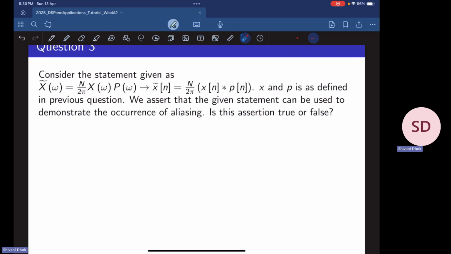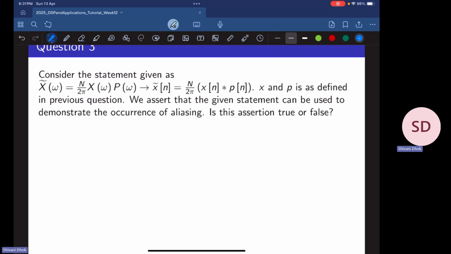So what it says is that we have this particular relation here. Can we use it to understand time domain aliasing? For time domain aliasing we need to focus on this particular thing here.